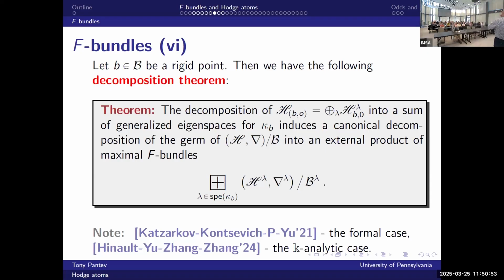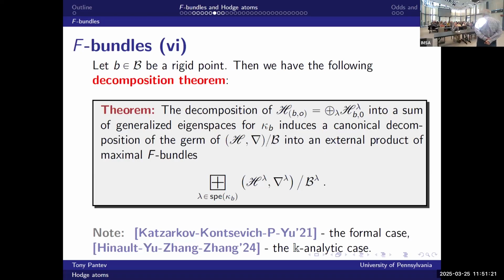So the base splits into a product of bases. On each of the pieces of the base, there is a bundle with connection, and everything is an external sum. You pull them back to the product. So once you have a decomposition of a fiber which is compatible with that symmetry kappa, then the whole picture splits, at least in a neighborhood.